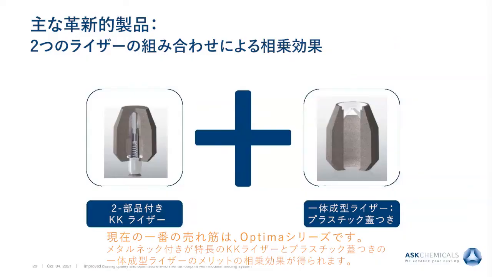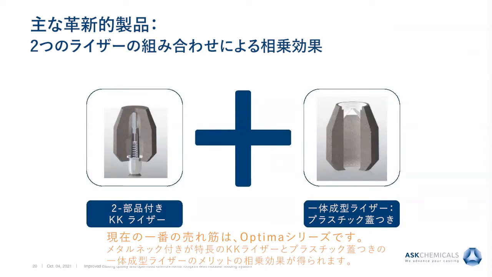But the most sold riser in our production is today our OPTIMA riser or our OPTIMA riser family, which is the synergy from two already existing two-part risers, our click-clack or KK riser, and the one-shot riser with the plastic lid.